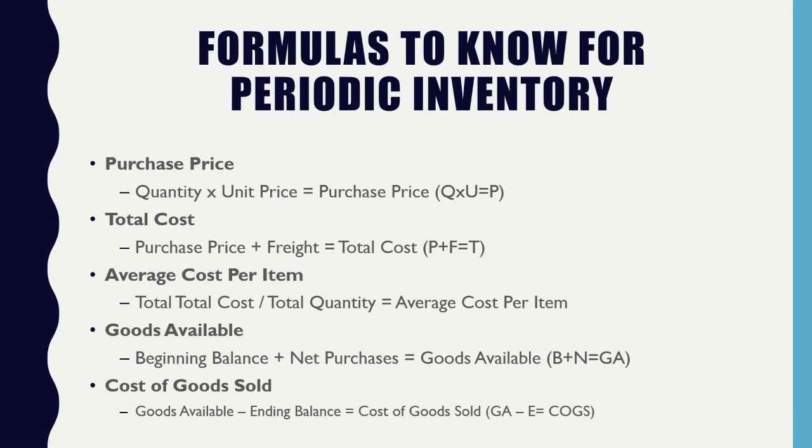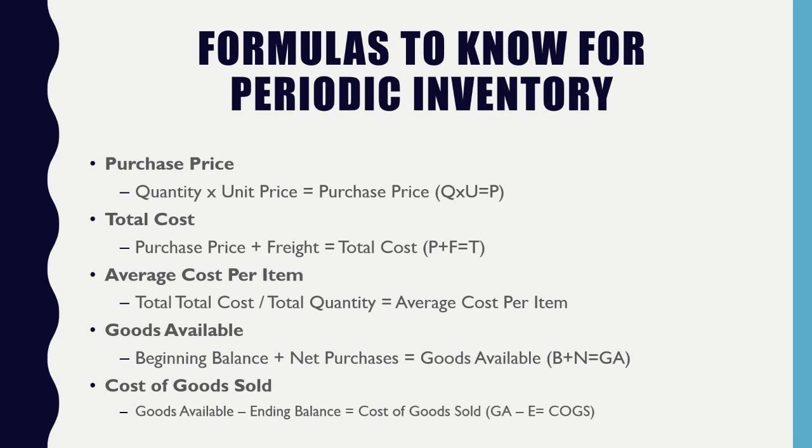So in essence, instead of keeping each batch separate, we combine all of them together, whether we bought them at a high price or a low price, to get an average cost per item. Essentially, this spreads the total cost evenly amongst every single item that you have.